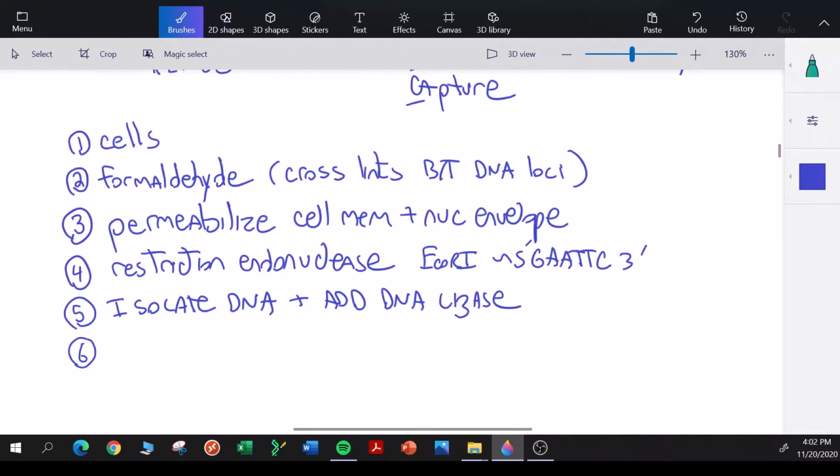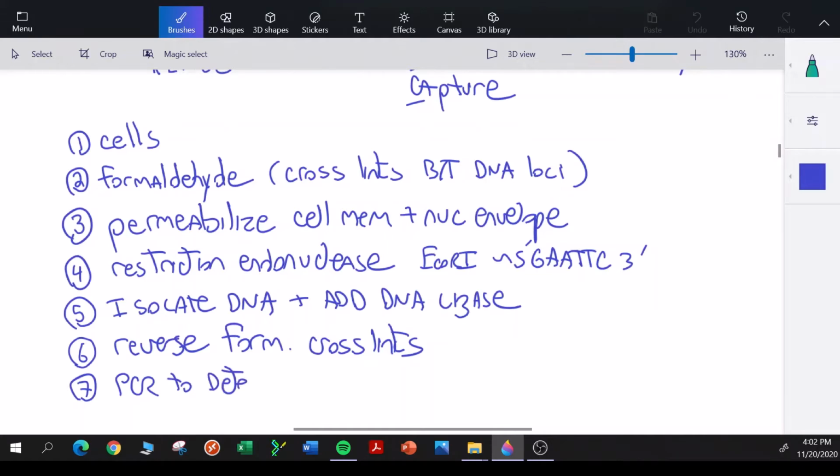So step 6, we are going to reverse the formaldehyde crosslinks. We can do that by heating the reactions at like 65 degrees for a long time. Sometimes some of these protocols go overnight. When I say reverse the cross-links, it will essentially break the cross-links between the DNA molecules. Then we will perform PCR to detect interacting loci.